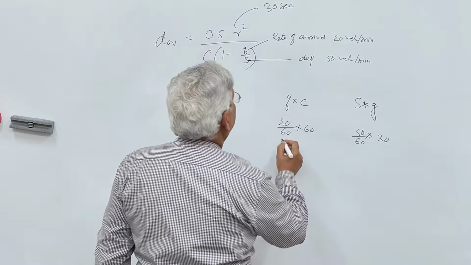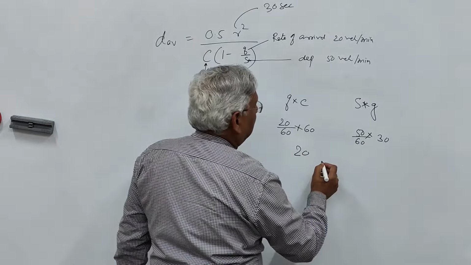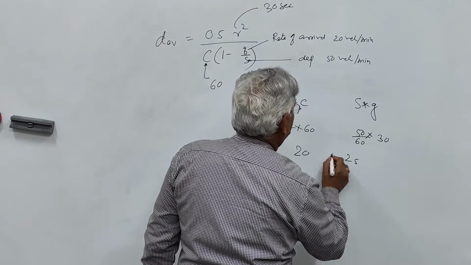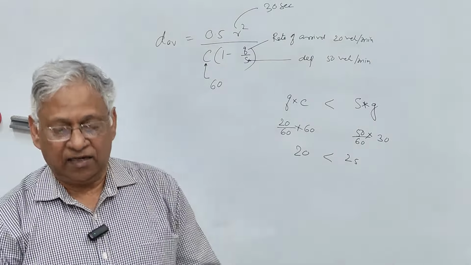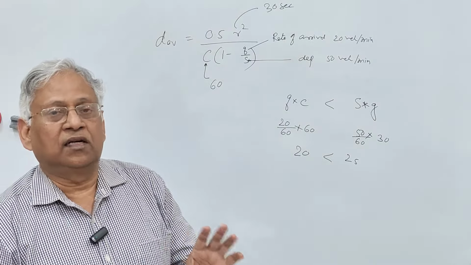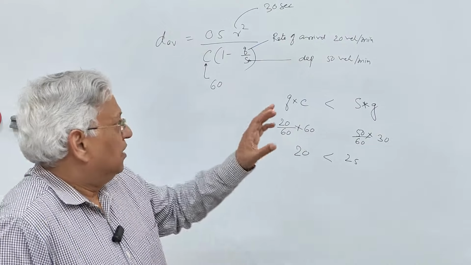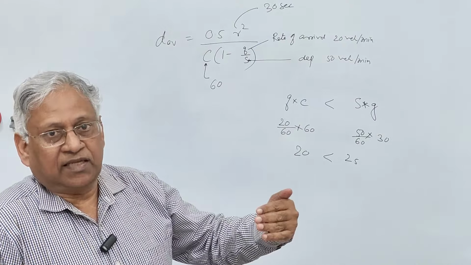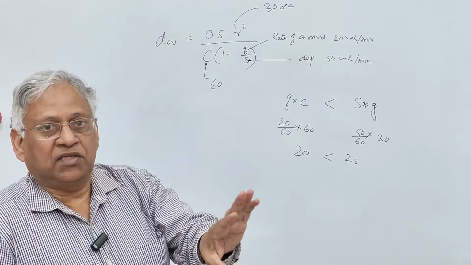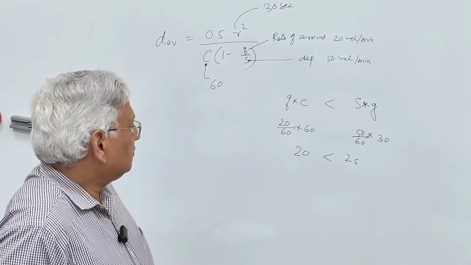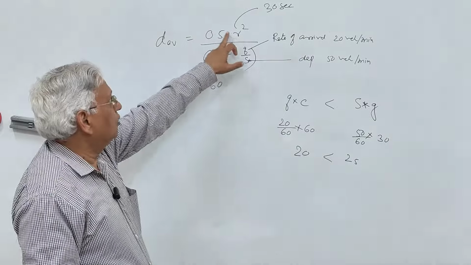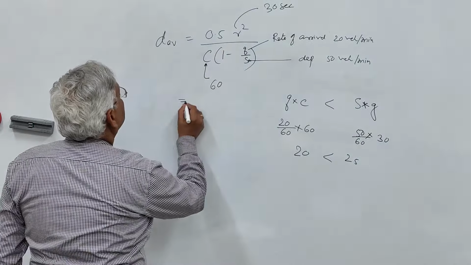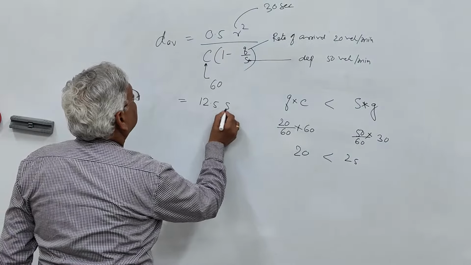That basically tells you that this is 20 and this is 25. So QC is less than S into G. That is your under-saturated condition. Means each vehicle which is coming in a cycle will be able to depart in the first green. That is the meaning of that. So if you know this equation, put all these values and the answer will be 12.5 seconds.